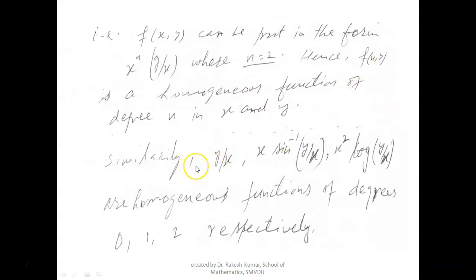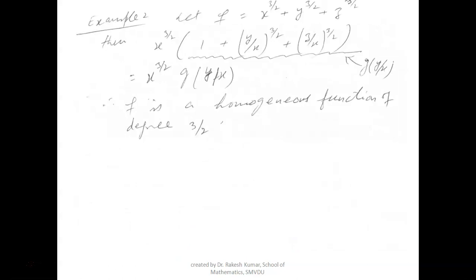Similarly, you can check that y upon x, x inverse tan of y upon x, and x square log of y upon x are homogeneous functions of degree 0, 1 and 2 respectively. You can apply the same method. Coming next, example 2: if f equals x raised to power 1 by 2, y raised to power 1 by 2 and z raised to power 3 by 2 plus y raised to power 3 by 2 plus z raised to power 3 by 2, then taking x raised to power 3 by 2 common, we get this.